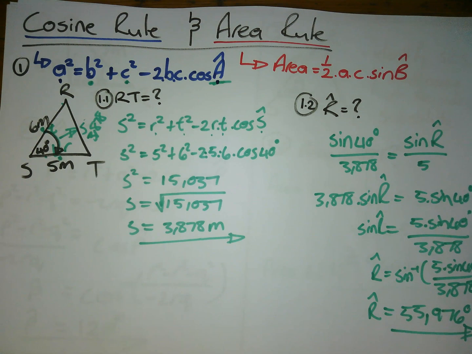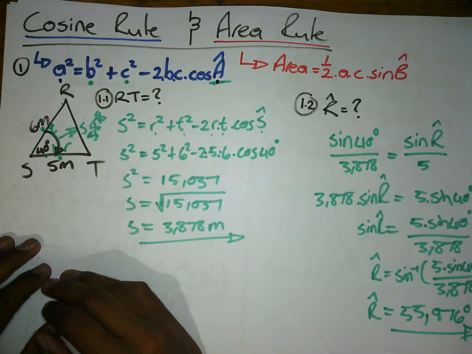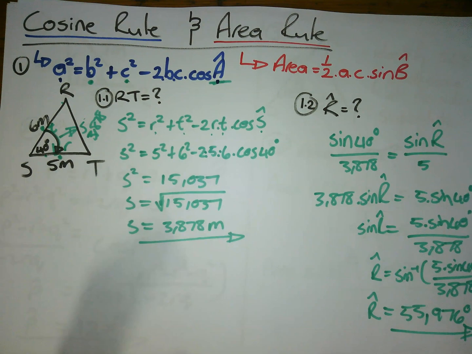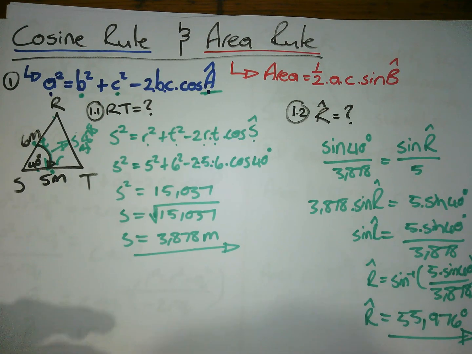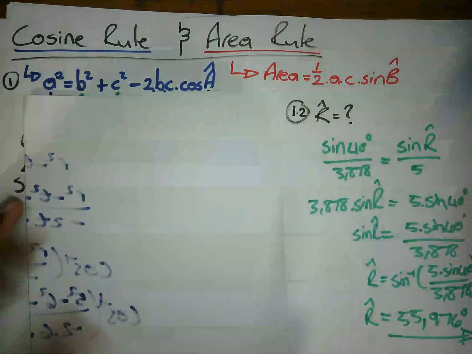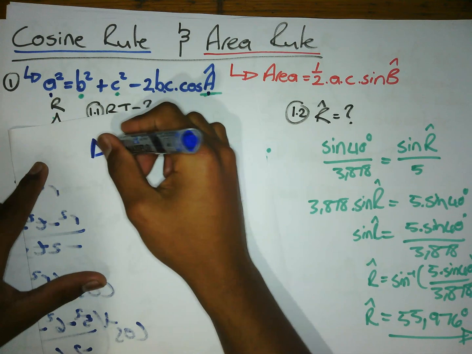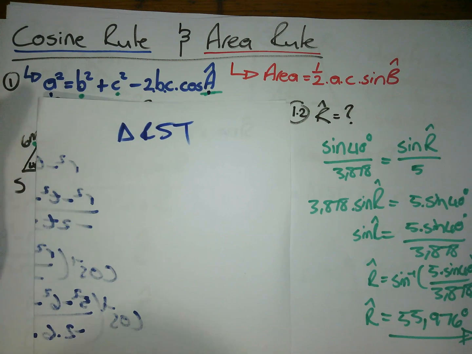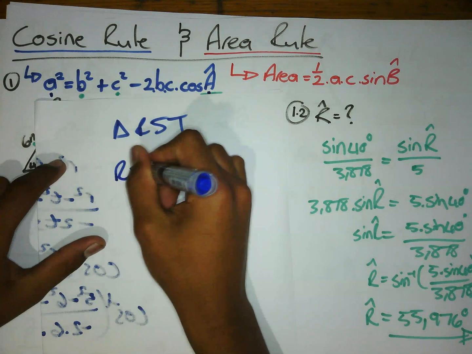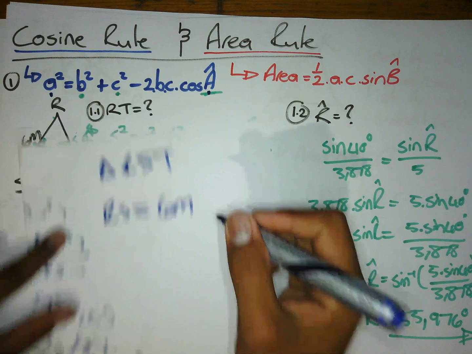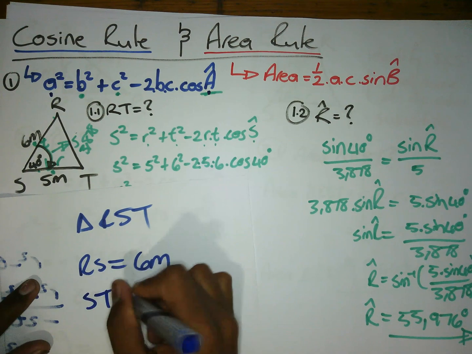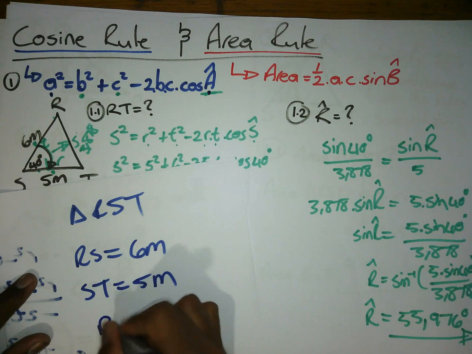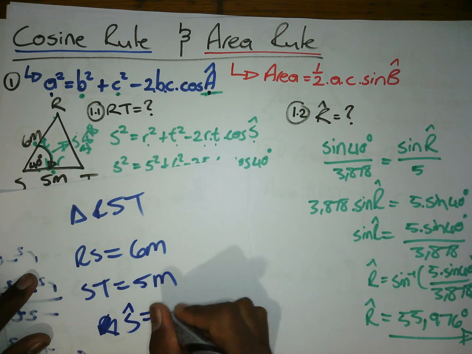They can say, you have triangle RST, side RS equal to 6 meters, side ST equal to 5 meters, angle S equal to 40 degrees.